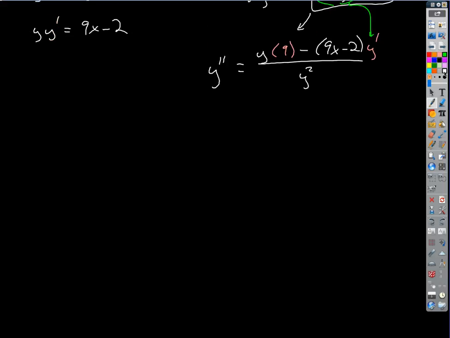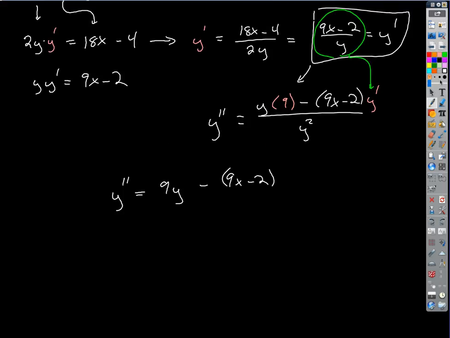Okay, and so let's see, what do we get if we do all that stuff? So I get y double prime equals 9y minus the quantity 9x minus 2 times 9x minus 2 over y, all divided by y squared.